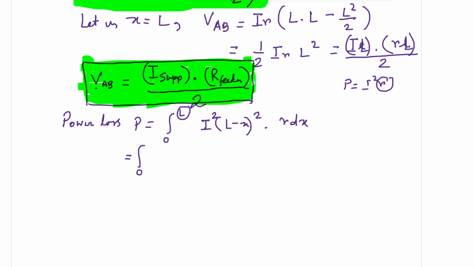So you should integrate from 0 to L I square, L square plus X square minus 2 into X into L into R dx.